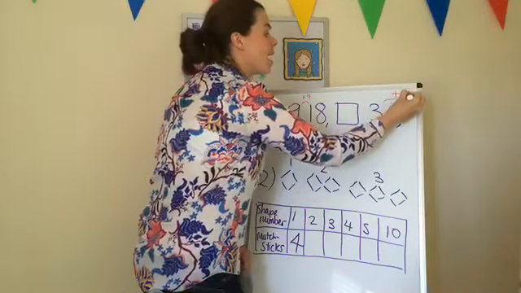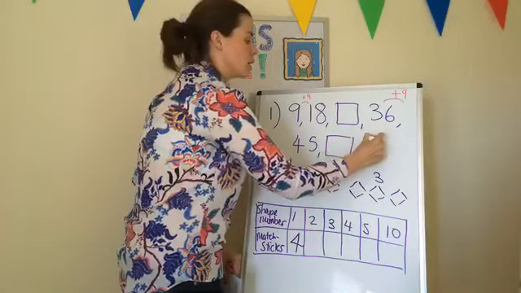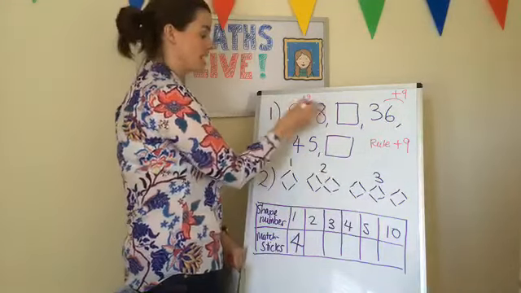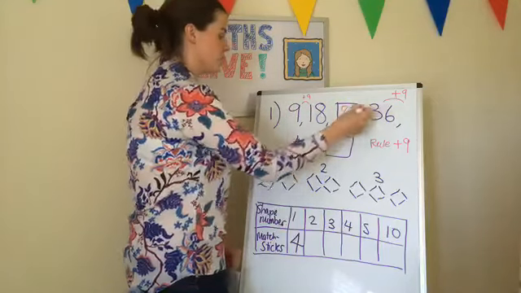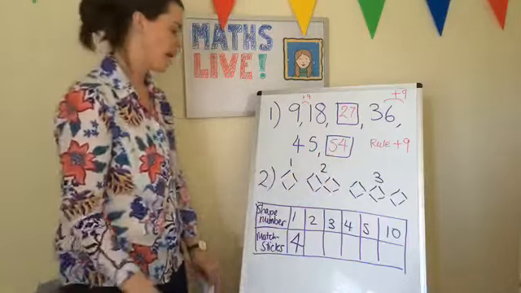So, look, the rule is add 9. The rule is plus 9. So it's actually on the 9 times tables. 9, 18, 27, 36, 45, 54. Well done if you got that.